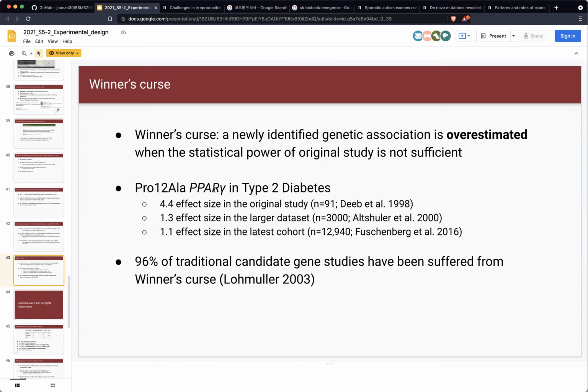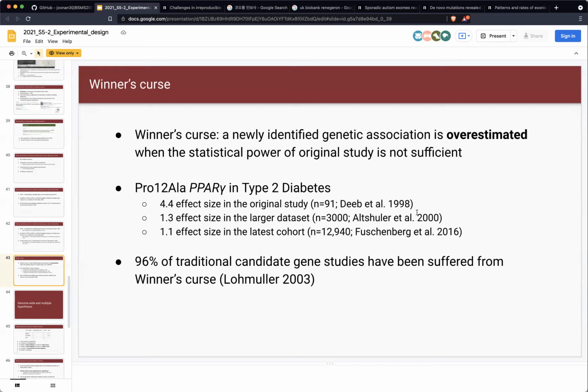If you look at this mutation in type 2 diabetes, it is a very famous mutation, and people wanted to develop treatment drugs for type 2 diabetes patients. If you measure the odds ratio in 91 samples in 1998, the odds ratio was 4.